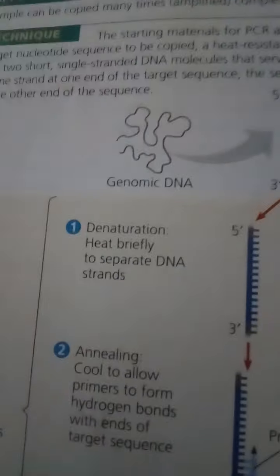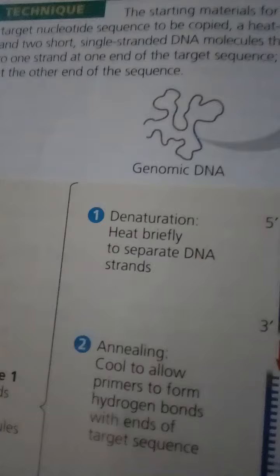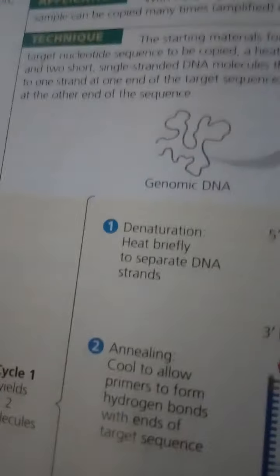In this technique, any specific target segment within one or many DNA molecules can be quickly amplified, which means copied many times, in a test tube with automation. PCR can make a billion copies of a target segment of DNA in a few hours.